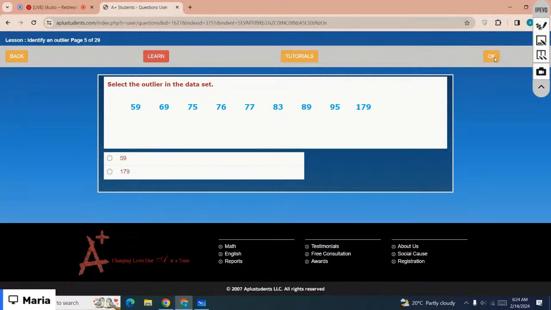Select the outlier in the data set. So which is the correct option? Yes, that is 179. You can complete the lesson by yourself later today. Let's move on to the next lesson.